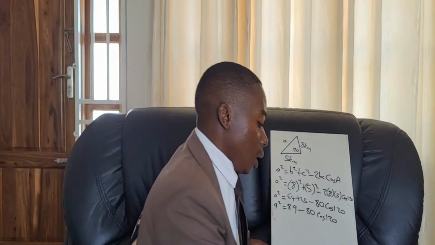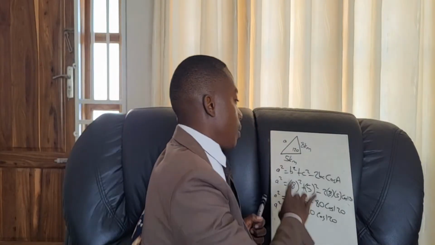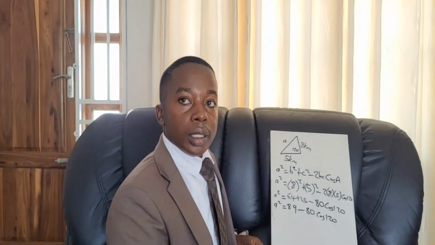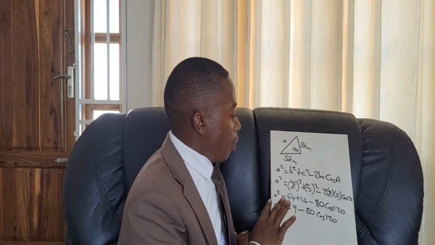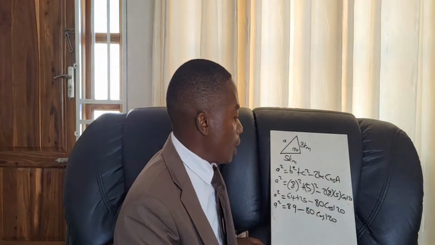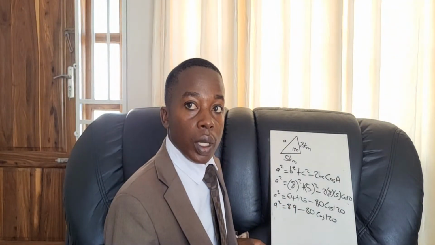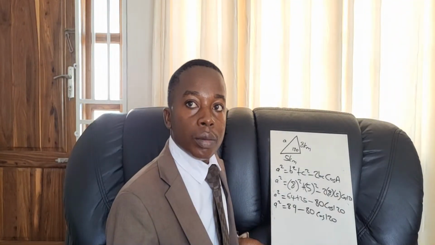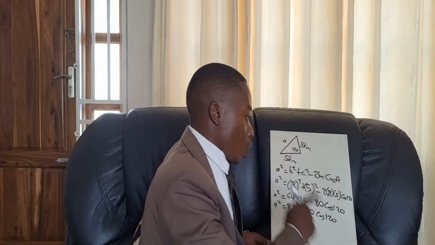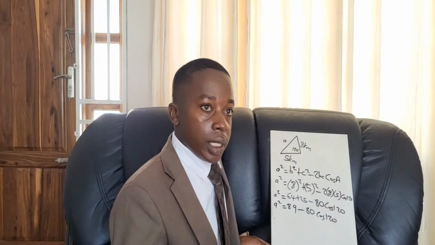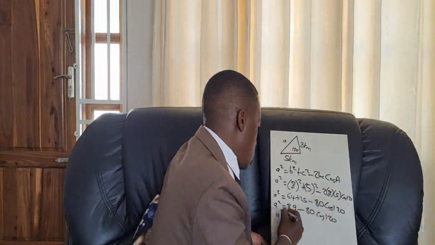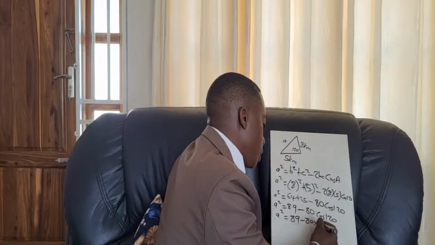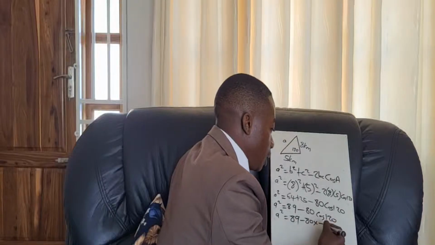Now, how do you get cos 120? You should just know that the value of cos 120 is negative half, just like the value of sin 90 is 1. So a squared equals 89 minus 80 times negative half.